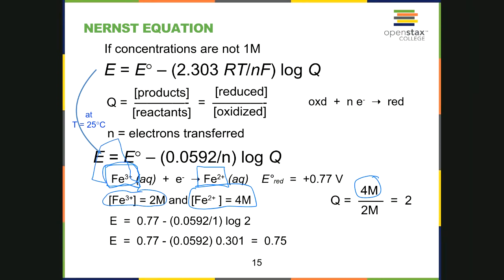You're just dividing 4 by 2 and you get 2. That's the value that goes here, and that's what you're going to take the log of.